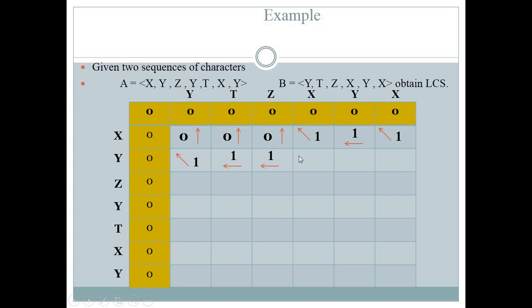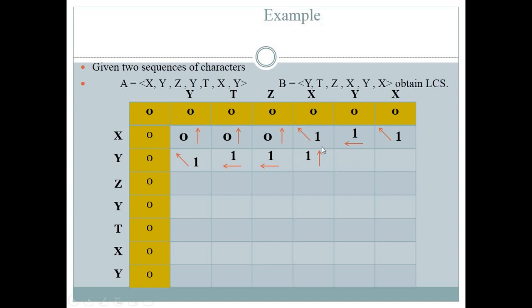Again we will check y and x. In that case again our left hand side value and above value are both 1. So as in the same case we handled here, we will take reference from the above value. In case of y and this y, we will check that our characters are matching. So in that case we will put a tilde sign, and with that tilde sign we will check its diagonal.